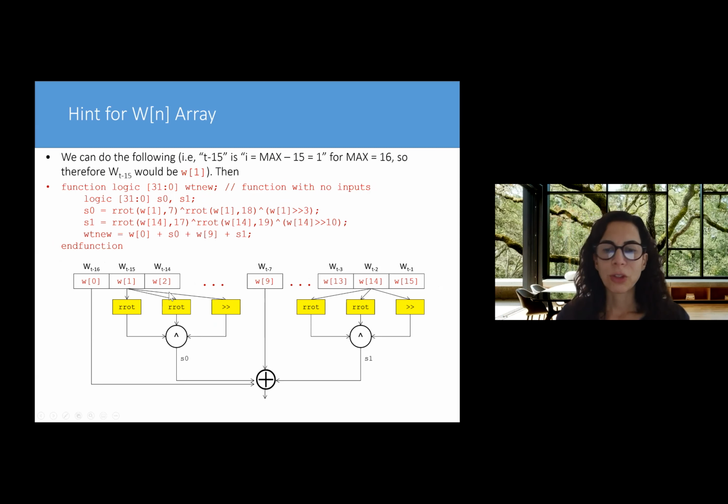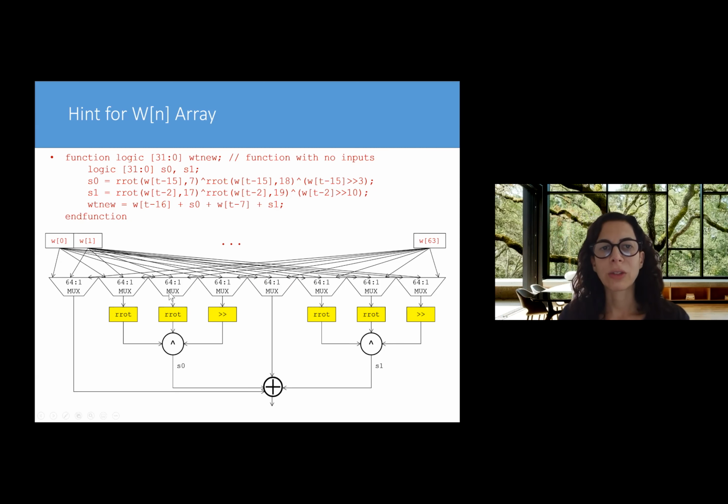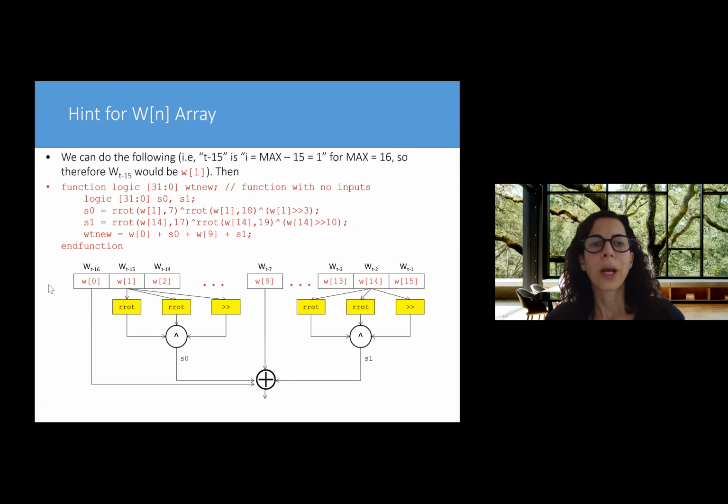So instead of trying to define it such that we have this 64-to-1 multiplexer that selects out of these 64 selections, and then does these functions, we try to have a t where t's maximum is 16, and the t minus 15 would rotate back to the W1.